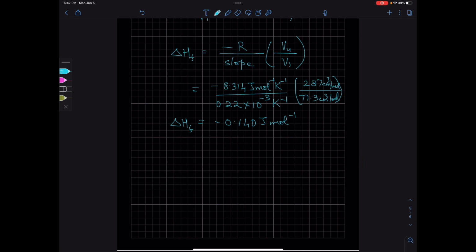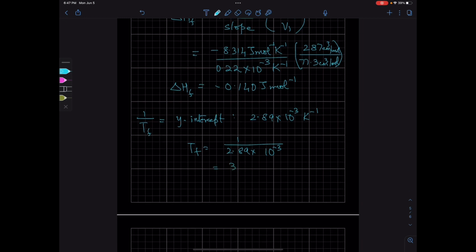Now the y-intercept we got is 2.89 times 10 to the negative 3 per Kelvin, and that is equal to 1 over Tf0. So Tf0 is 1 over 2.89 times 10 to the negative 3, which is 346 Kelvin, or 346 minus 273, which is 73 degrees centigrade.